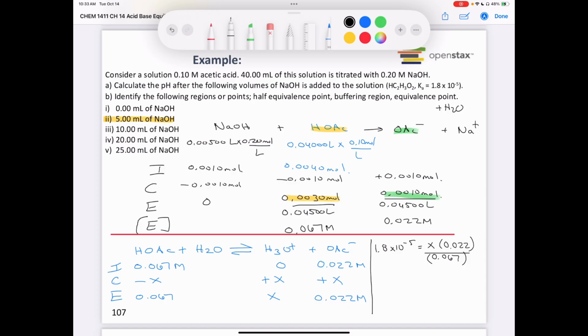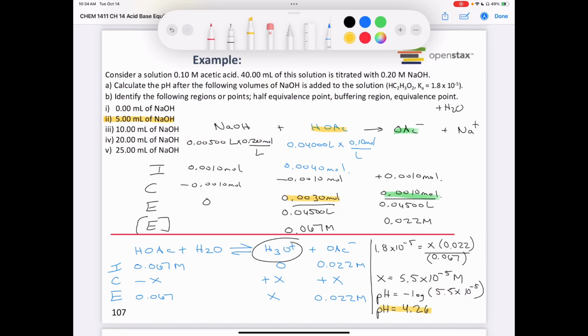And so when we solve for x, we get 5.5 times 10 to the negative 5 molar. That's the concentration of our hydronium. So, in the interest of space, I'm going to take the negative log of 5.5 times 10 to the negative 5, and we get a pH of 4.26. So the pH equal to 4.26 is going to be our answer here.